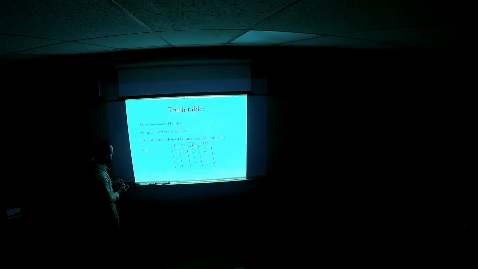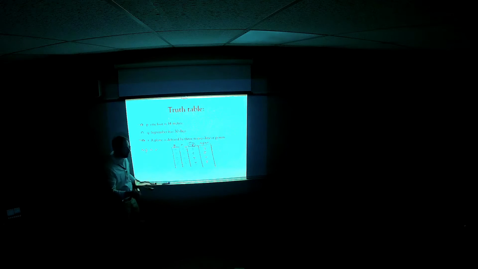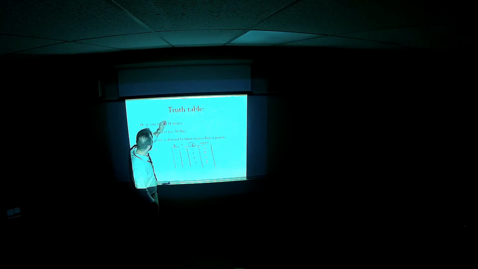Now that we have the truth table set up, and again, we're ignoring this original column, we're going back to the sentence and trying to figure out which one is true. So we're looking at this original sentence. We're doing not P and R. So not P: one foot is not 14 inches.